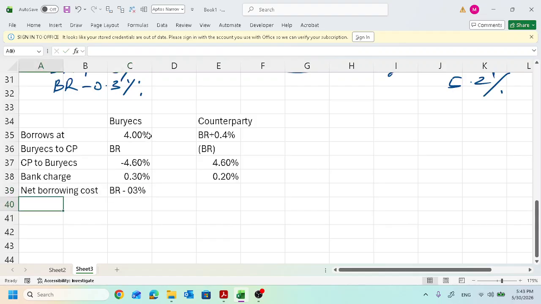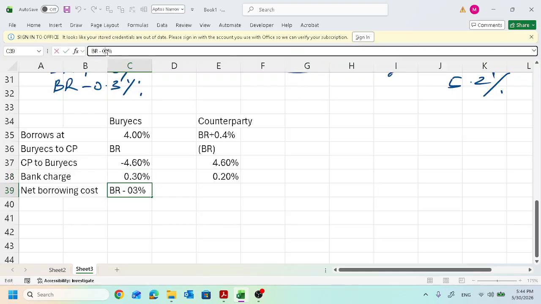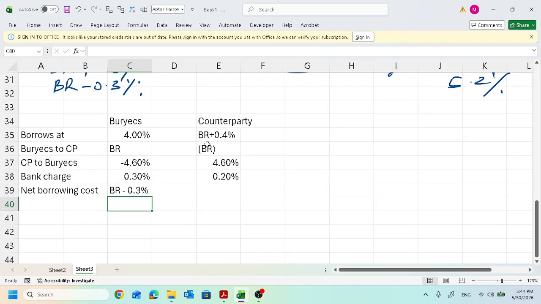Do you understand? I'm getting the total of all these. You can't do it with the formula. There are letters, so you have to do it using manual math. BR 4 minus 4.6 plus 0.3, so it's minus 0.3. And here BR cancelled. 0.4, 4.6 and 0.2, 5.2.